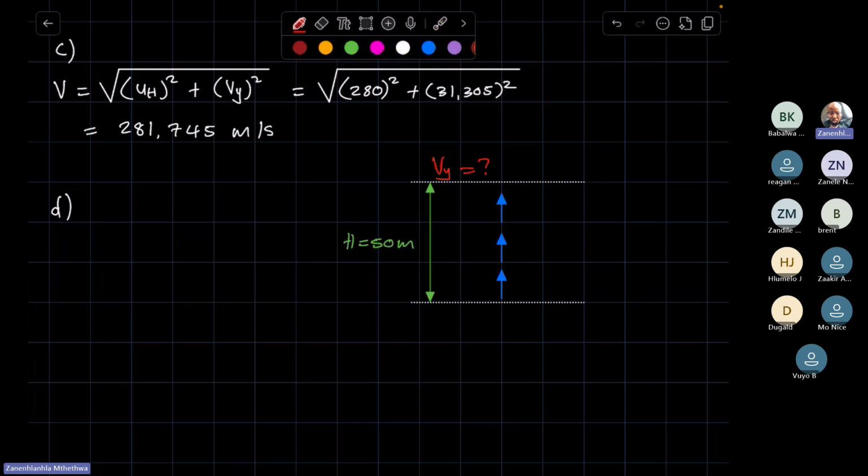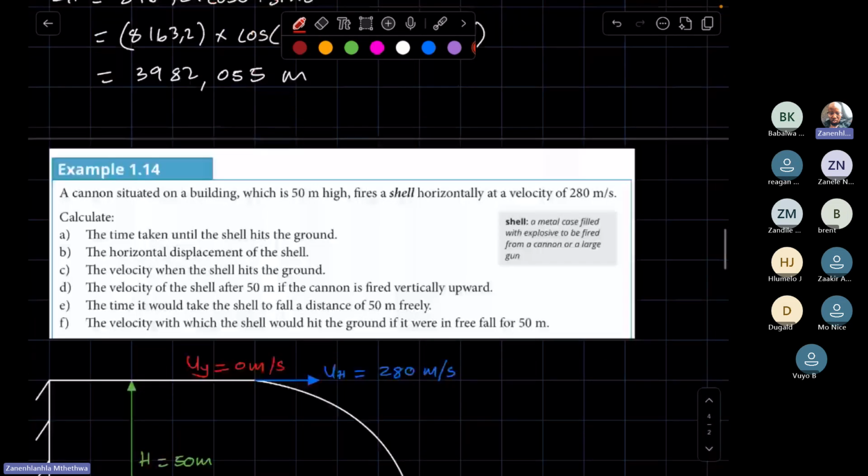And then as far as initial velocity, that is 280 meters per second, because all they did is ask for the velocity of the shell after 50 meters if the cannon is fired vertically upward. So all they did was essentially change the scenario, but the initial velocity remains the same.